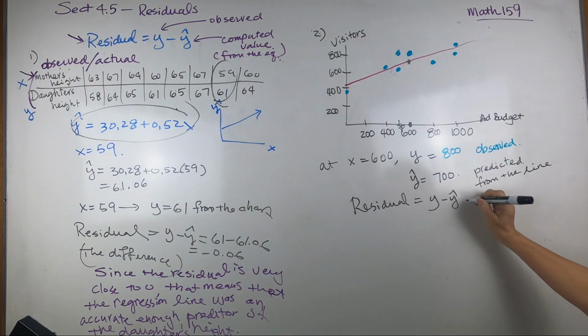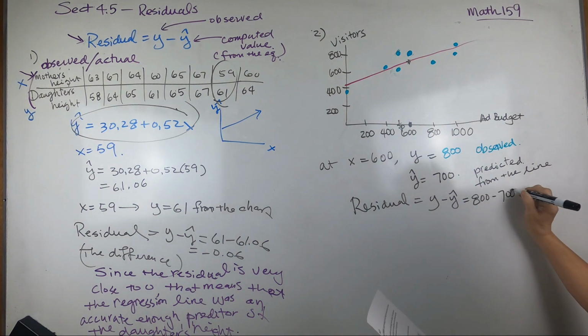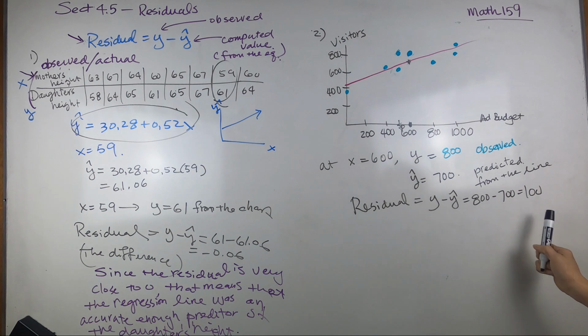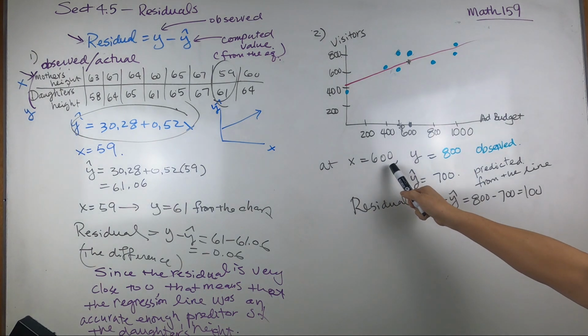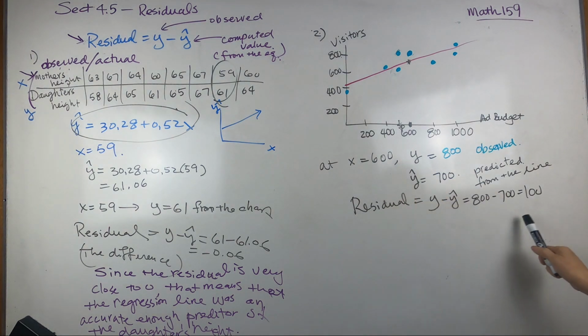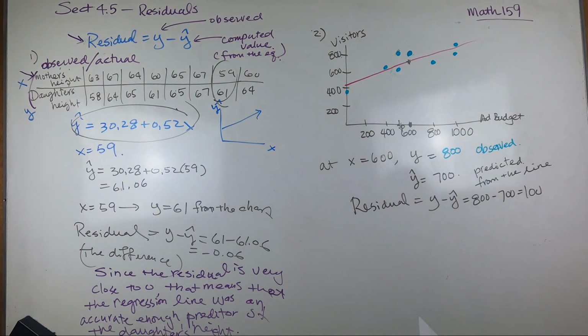So it's 800 minus 700. It's 100. 100 for what? For y, it's visitors. So when you spend a $600 advertising budget, you have a 100 visitor difference between what you predicted and what actually happened, according to the data we collected.